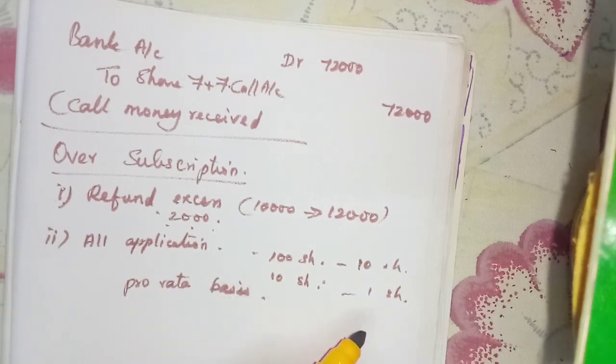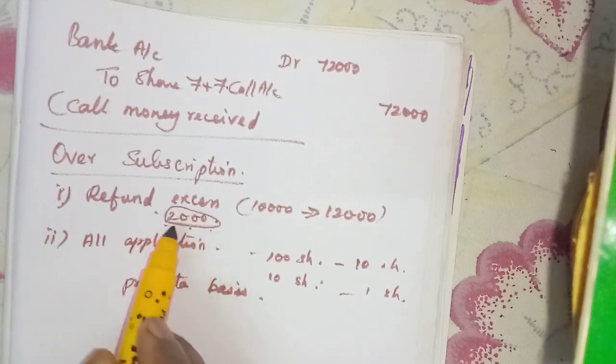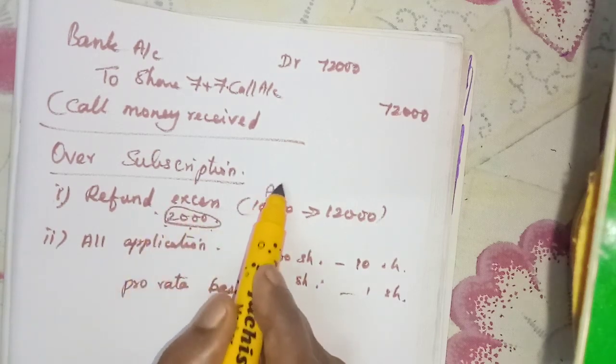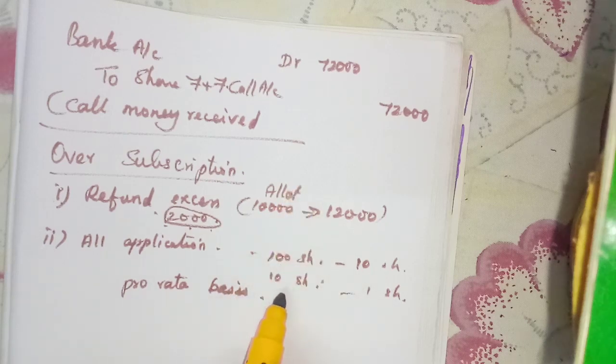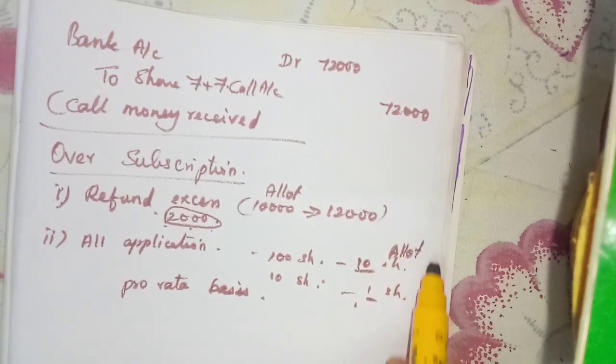They have to adjust the application money. That means they will allot. Here they are refunding these 2,000 shares and they will allot all the other 10,000 shares. Each person's shares will be adjusted and the remaining will be allotted. These 10 shares and 1 share, they will not refund but will adjust with the allotment money.